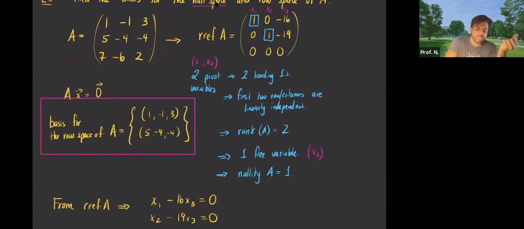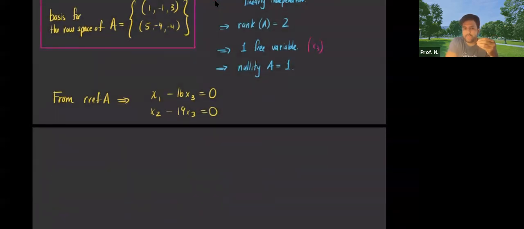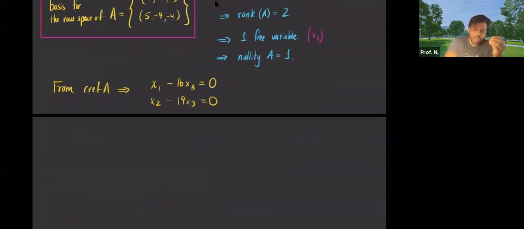Every single time you do a row reduced echelon form of a matrix, you're inherently solving the homogeneous system. I hope that makes sense. And so then x3 must equal something, call it t. That means x1 is equal to 16t, and x2 is equal to 19t.